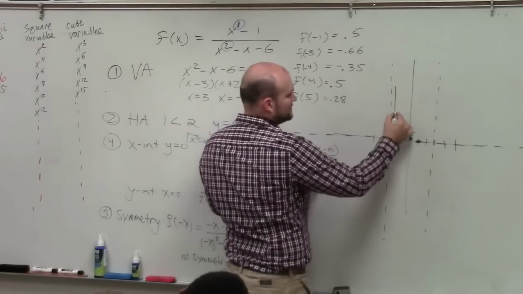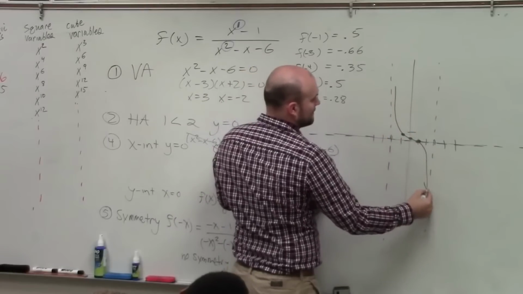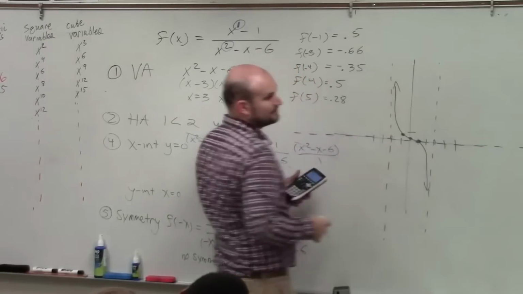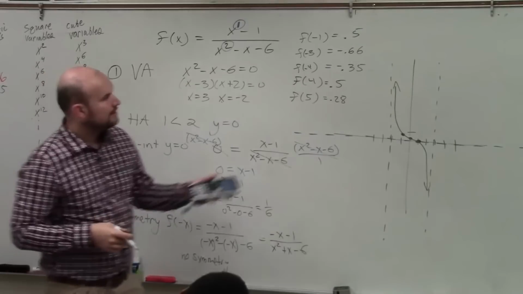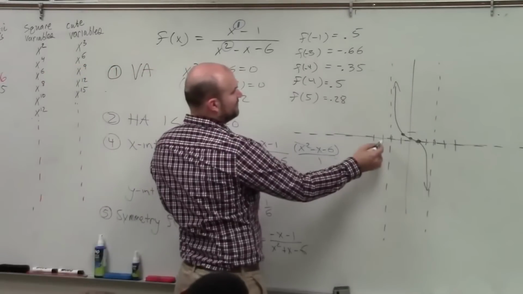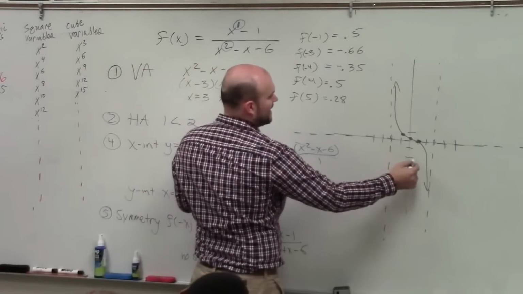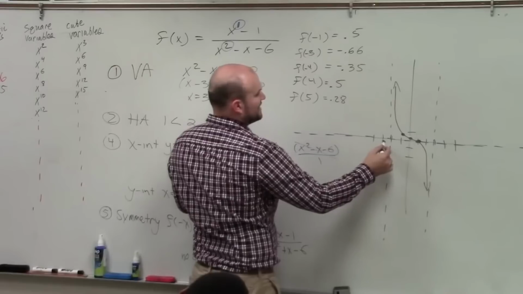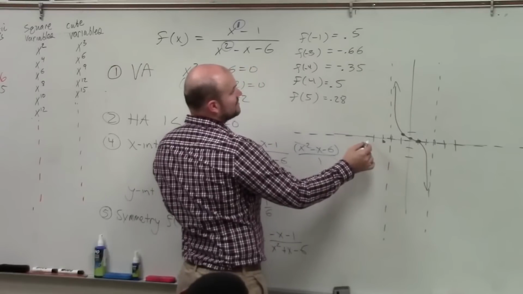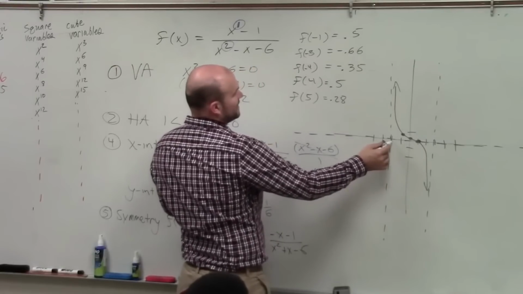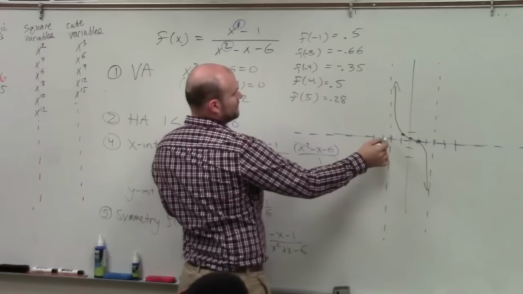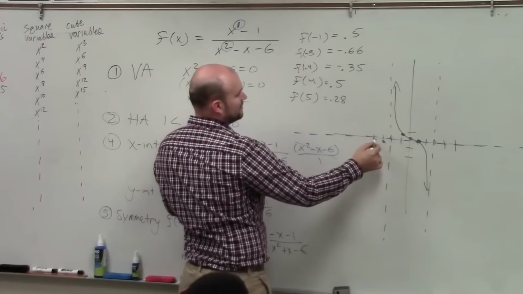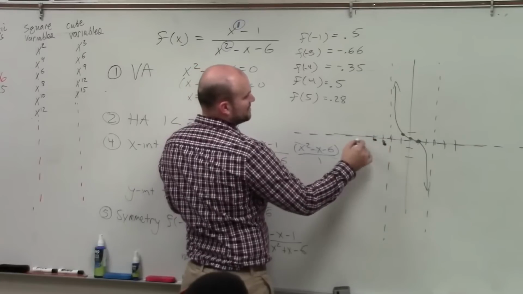So what this graph is doing is creating something like this. Over here at negative 4, it's at 0.5. But at negative 5, or, I'm sorry, at negative 4, it's at 0.35. And here it's at 0.66.